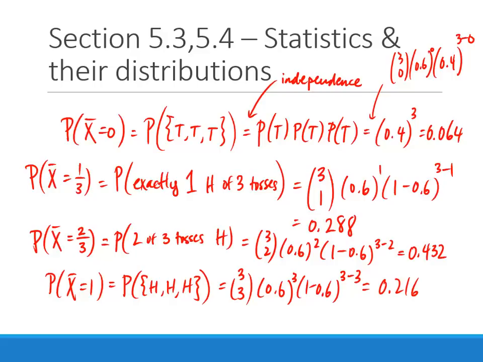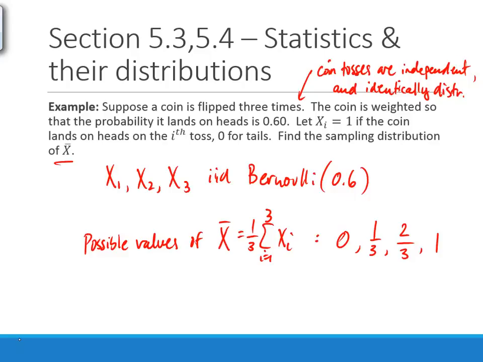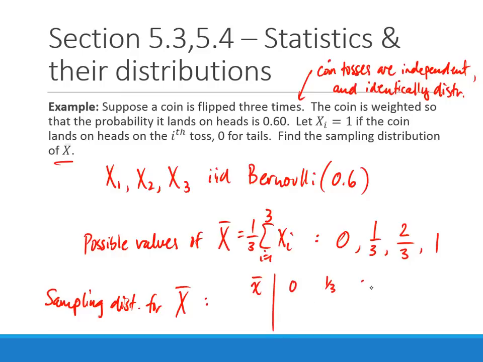Okay. So let me jump back to the previous slide to summarize this. So for my sampling distribution for x bar, I can write down what the probability mass function is. The observed sample mean can either be 0, 1/3, 2/3, or 1.